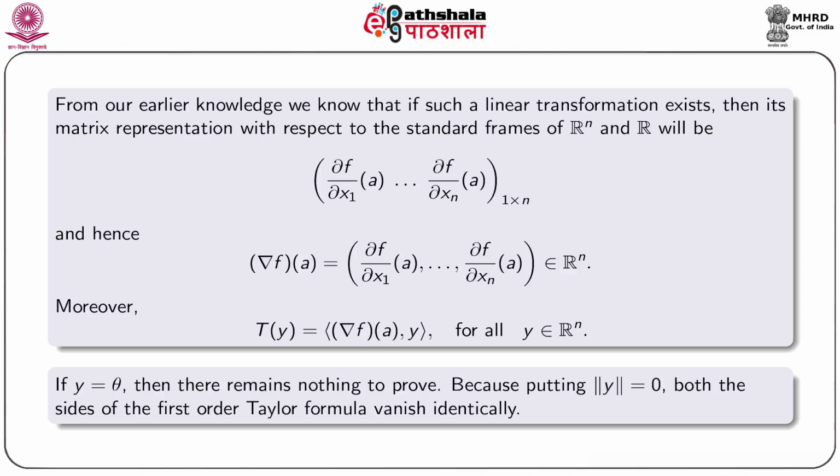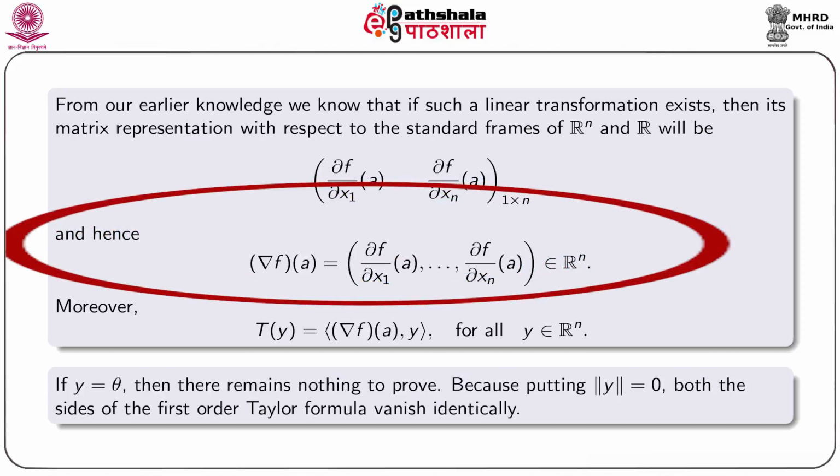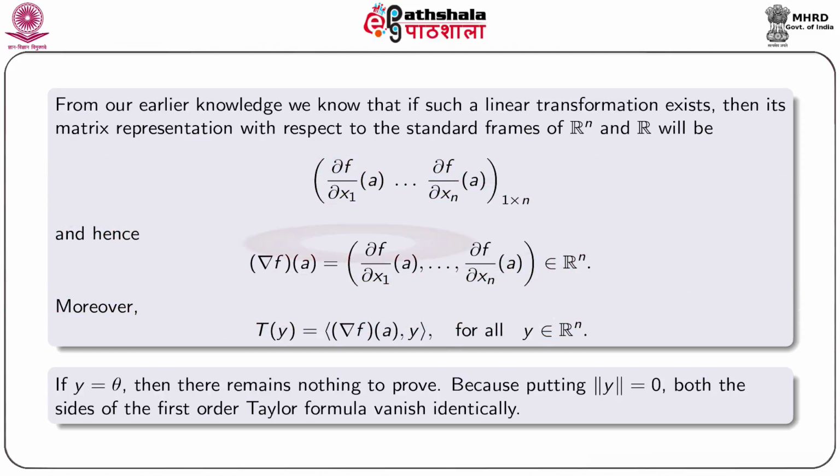First we have to guess what will be my T. From our earlier knowledge, we know that if such a linear transformation exists, then its matrix representation with respect to the standard frames of Rn and R will be the 1 by n matrix consisting of all the partial derivatives of f at the point a in their natural order, and hence the gradient of f at the point a is the n vector whose components are del f del x 1 at a up to del f del x n at a.